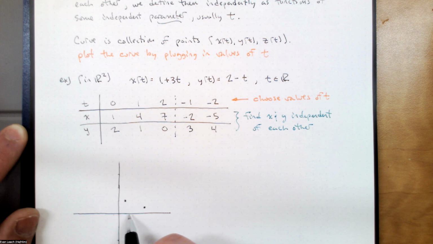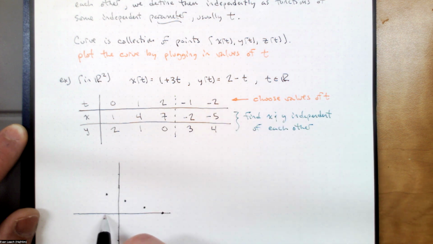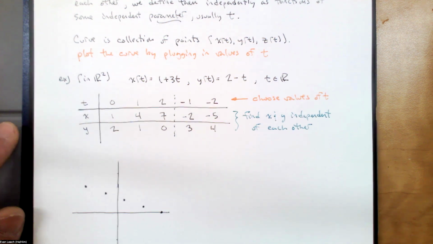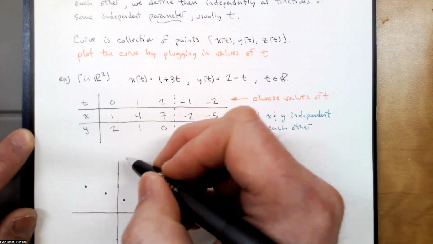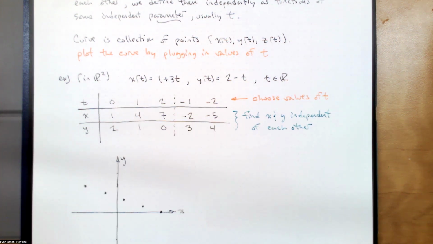When t is 2, we're at the point 7, 0. When t is -1, we're at the point -2, 3. And when t is -2, we're at the point -5, 4. We can see we are creating a line. We are not surprised that we are creating a line. X is linear, y is linear. If everything's linear, we're just going to get a line.